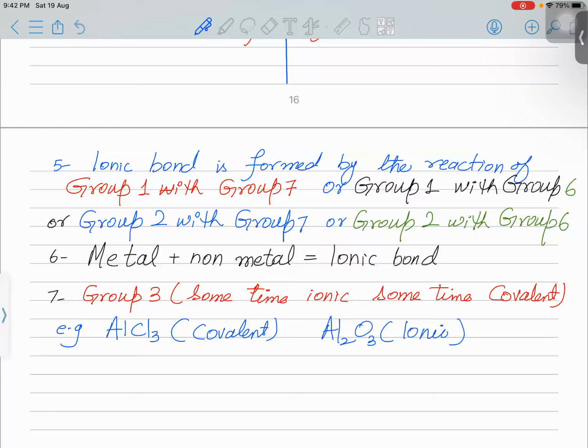Sir, what about group 4, 5, 6, something? Group 4 forms covalent, while the remaining all form covalent. Okay.